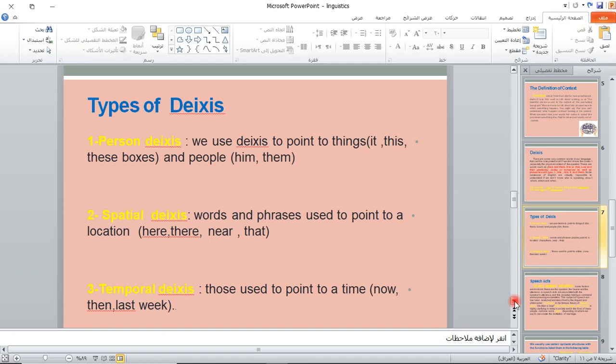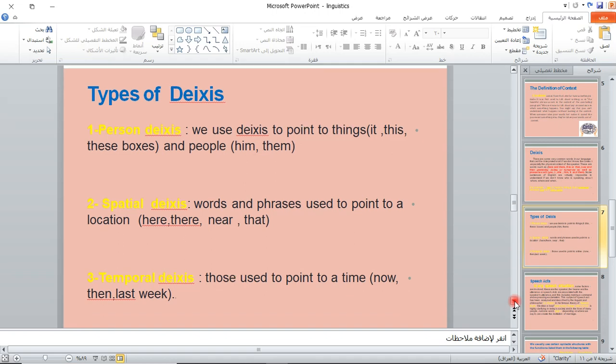Two, spatial deixis, العبارات المكانية, refers to location, words and phrases used to point to location, for example here, there, near, and that. Third, temporal deixis, those used to point to a time, for example now, then, and last week.